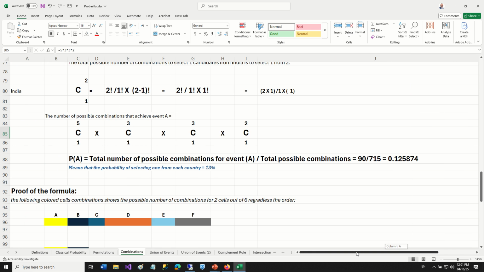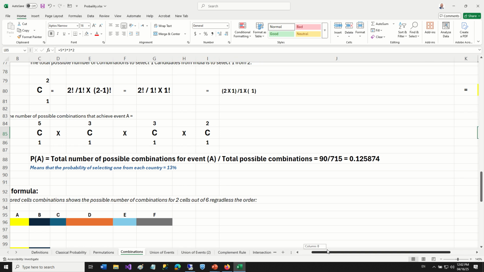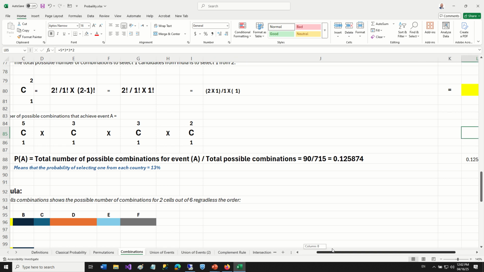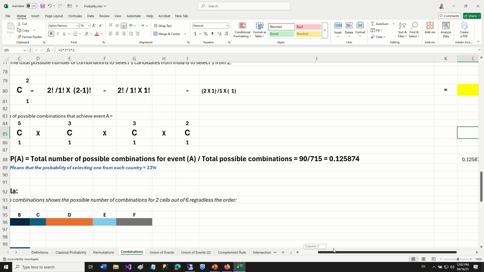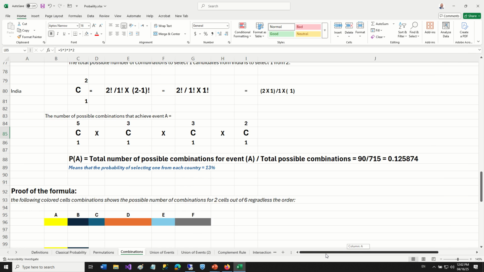Now applying classical probability, the probability of A equals the total number of possible combinations for event A divided by the total possible combinations for the whole experiment. That means 90 divided by 715 equals around 13%.